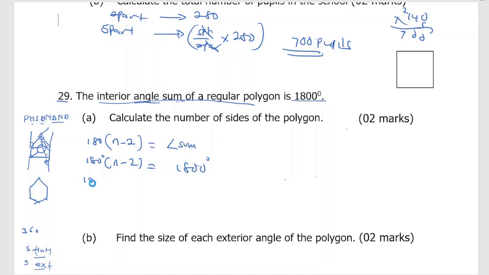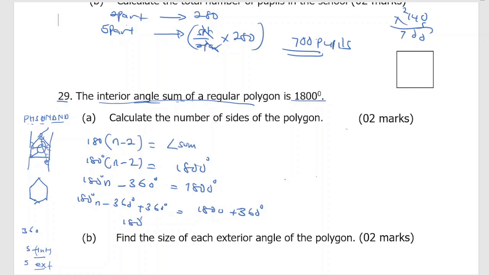So we open the brackets. 180 times n minus 2 gives 180n degrees minus 360 degrees is equal to 1800 degrees. Therefore 180n degrees minus 360 degrees plus 360 degrees is equal to 1800 plus 360 degrees.